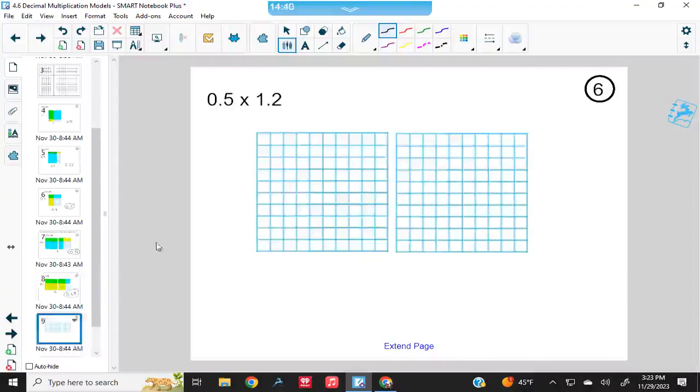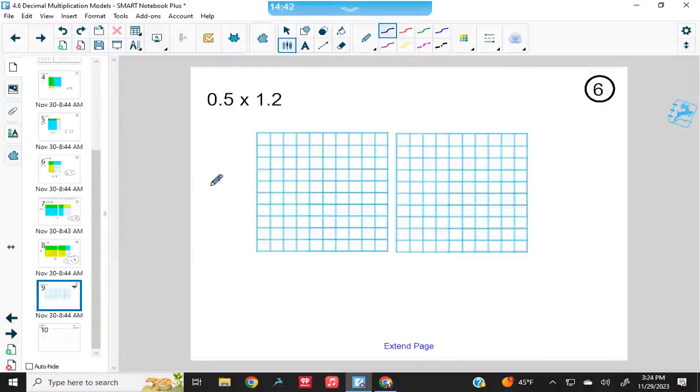All right, one more. So I have 0 and 5/10, and I have 1 and 2/10. First one I'm going to do is my 1, 2, 3, 4, 5. I'm going to come across.